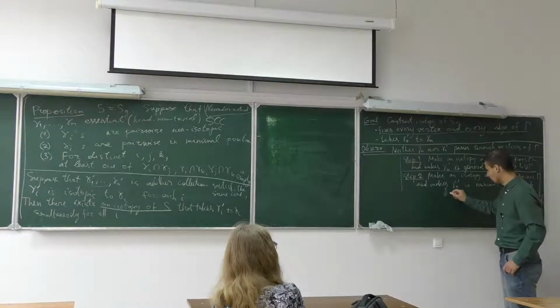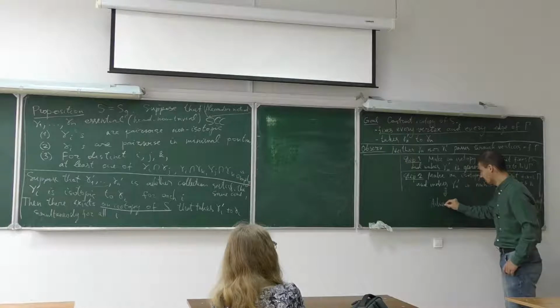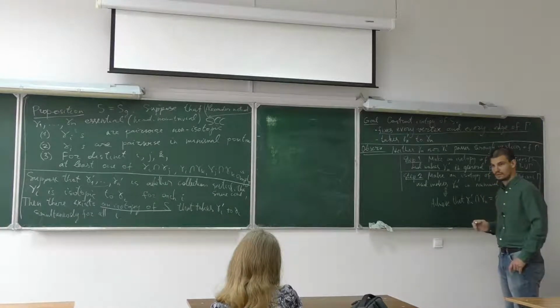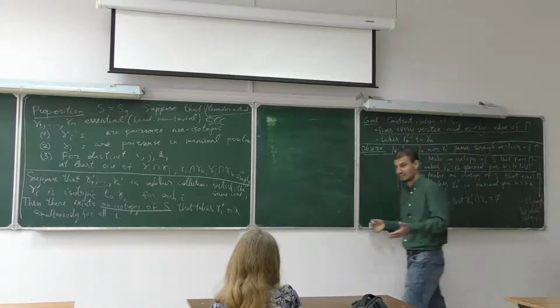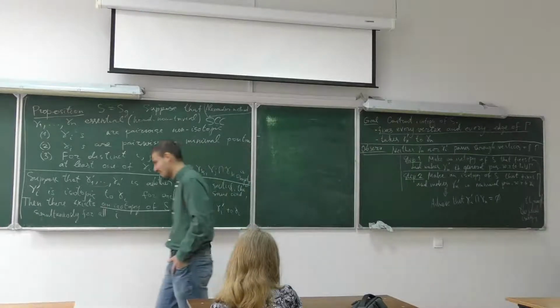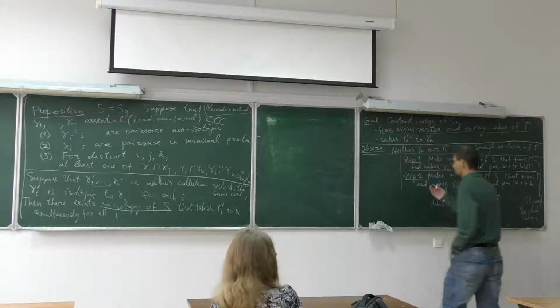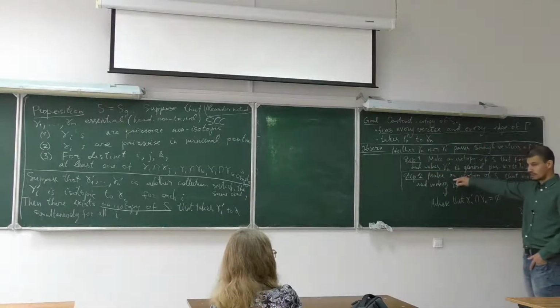So we just achieve that gamma n prime is disjoint from gamma n. They are isotopic, hence the minimal position is when they do not have crossings at all. Okay, and here we apply a Bigon criterion.